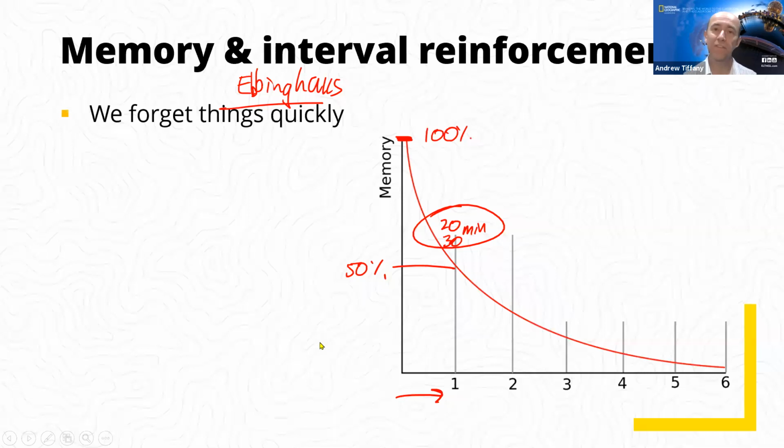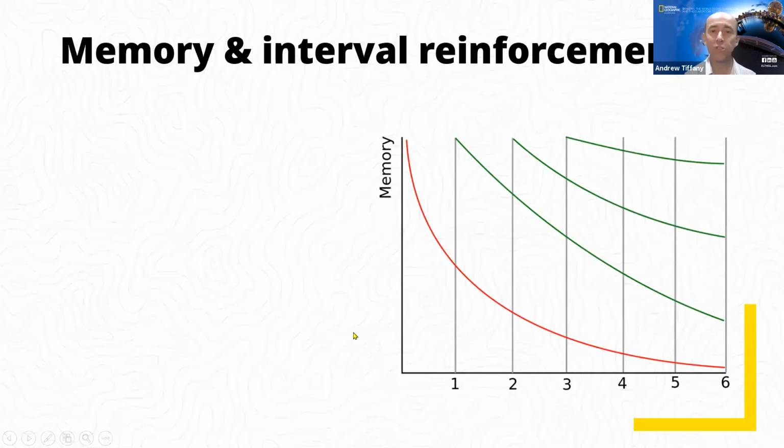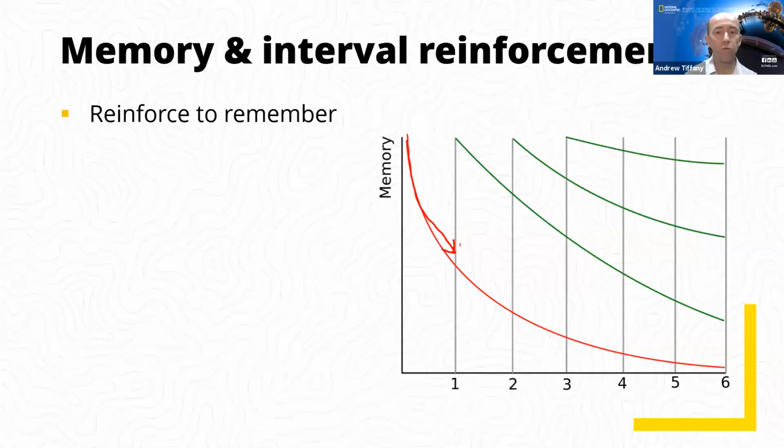So we do tend to forget things quickly. The question is, how do we beat the forgetting curve? One way is we reinforce. As people start to forget, we review, we remind them of that thing, and it reestablishes that piece of knowledge. Then they begin to forget again, and we reinforce again.